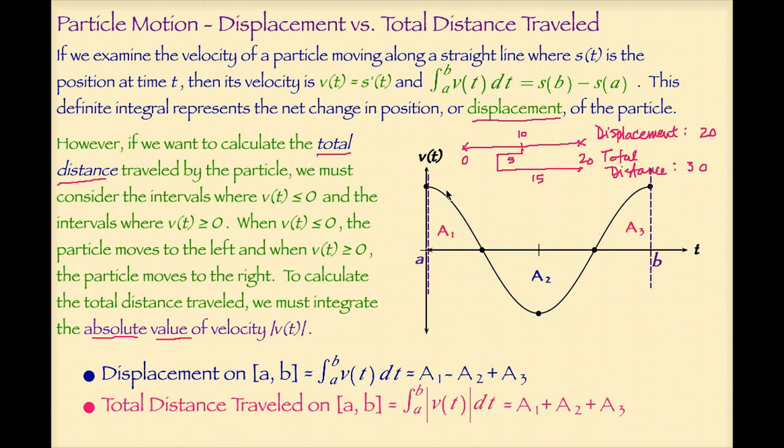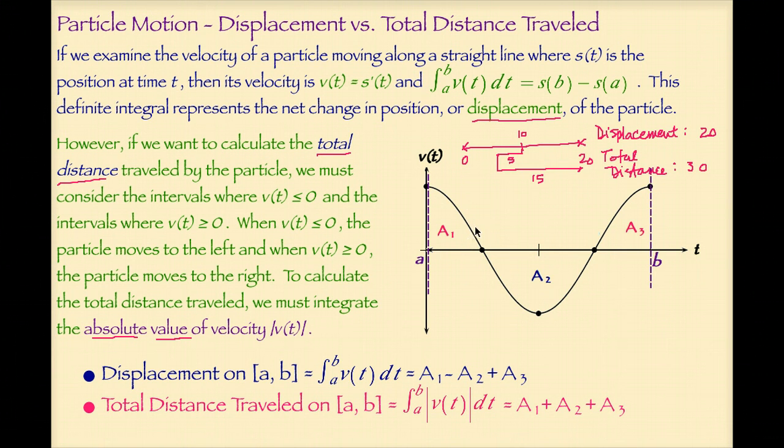So here we have a graph which represents velocity of a particle. Where the velocity values are positive, the particle is moving to the right. Where the velocity values are negative, the particle is moving to the left. And then here we have a section where the particle is moving to the right again. But when integrating, remember we get area under the curve.